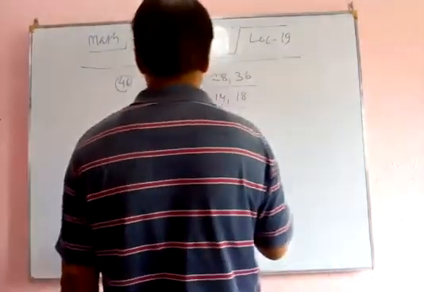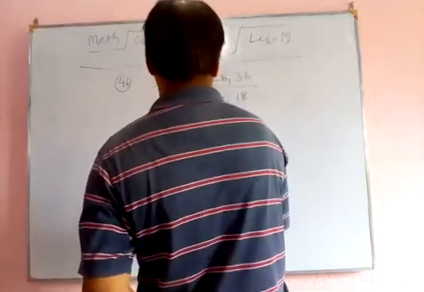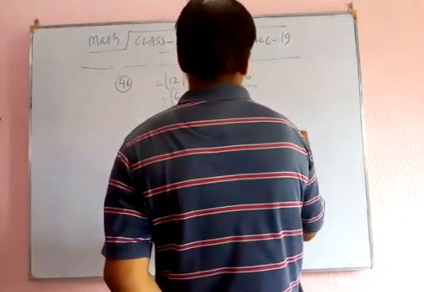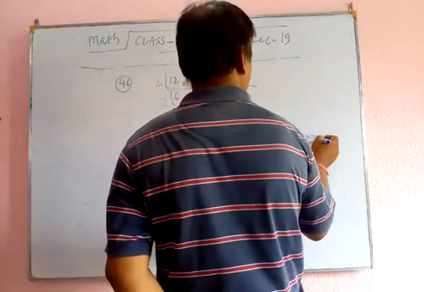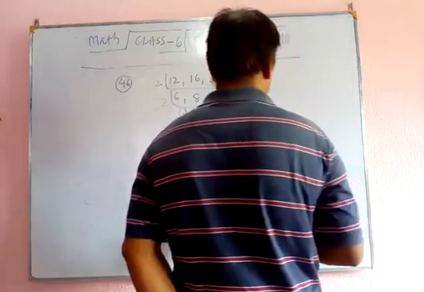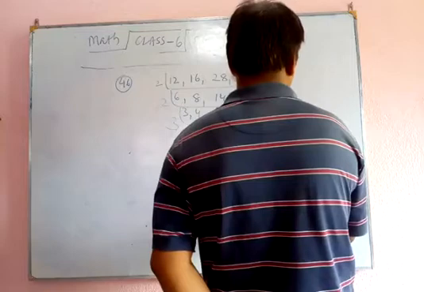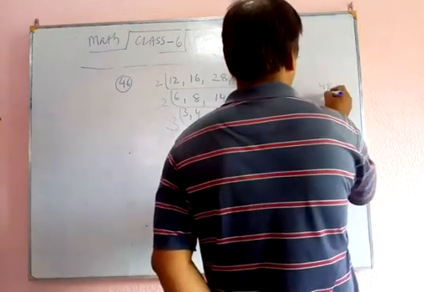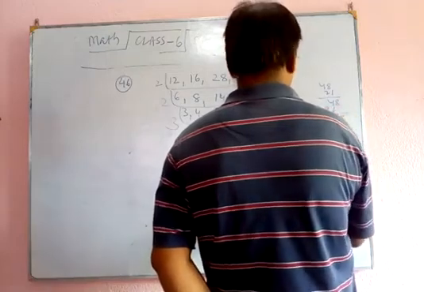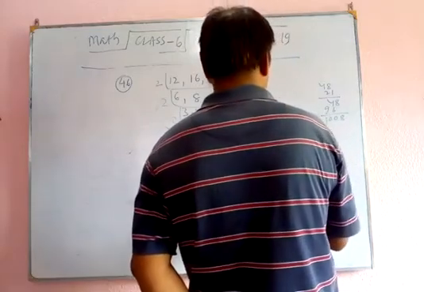So the LCM is 2 into 2 into 3 into 4 into 7 into 3. Here 48 into 21. That is 1008.